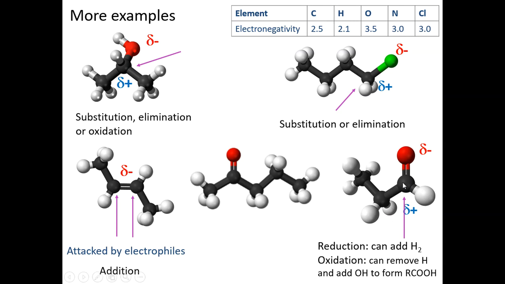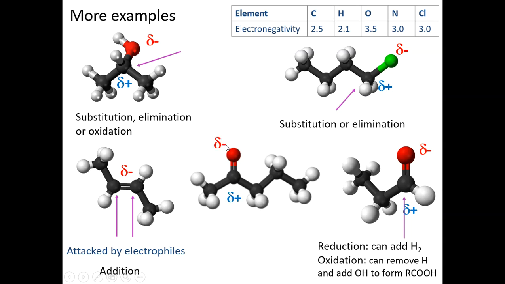We can reduce it by adding hydrogen to this oxygen and another hydrogen to the carbon. Remember, we can break that bond into a single bond, and then we can add a group to each one. Oxidation, we can remove this hydrogen and add OH minus in its place. So it can also undergo oxidation.